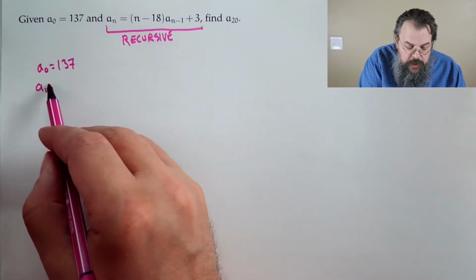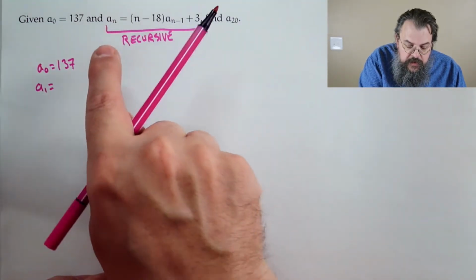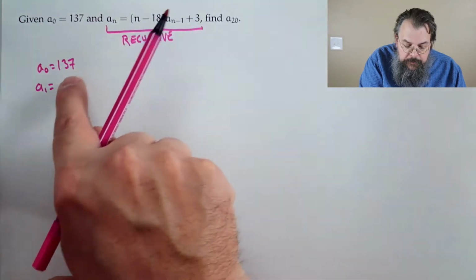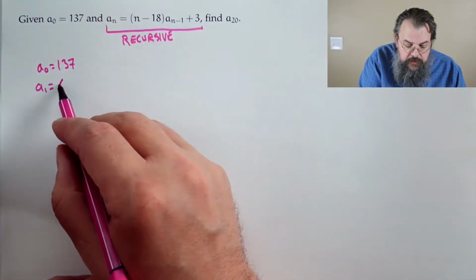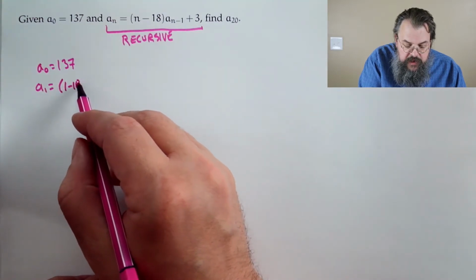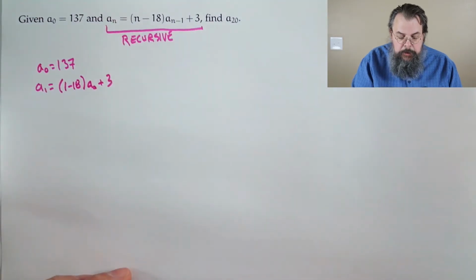According to the rule, A1 is what? Well, this is n equals 1. So put an n equals 1 over here. So you would have 1 minus 18, times A0, plus 3.